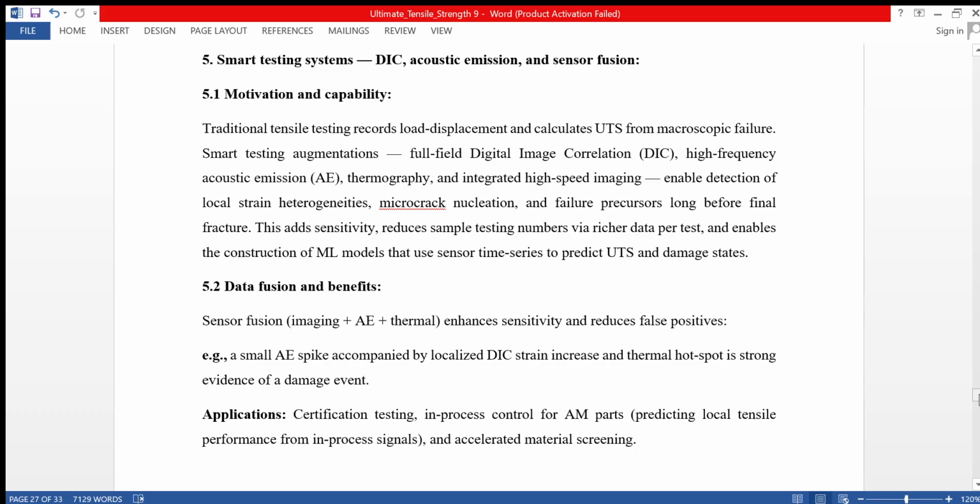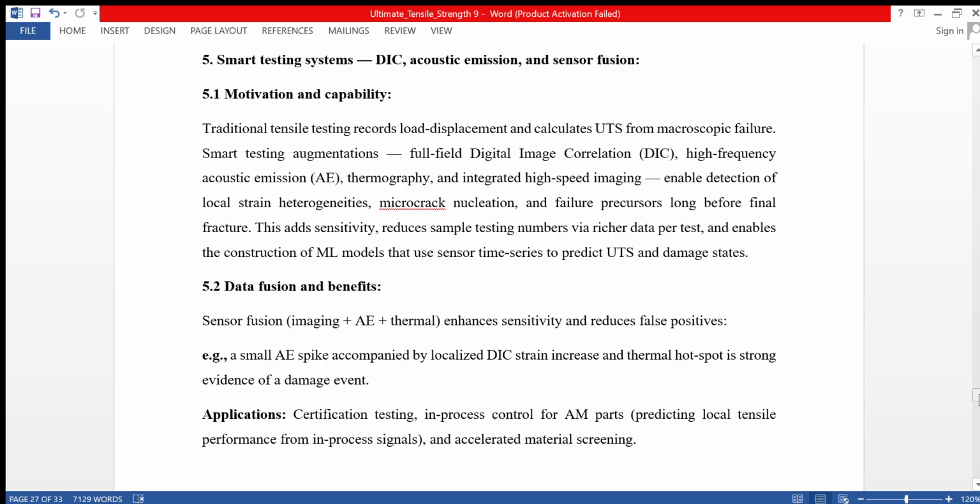Smart testing augments this with full-field digital image correlation (DIC), high-frequency acoustic emission (AE), thermography, and integrated high-speed imaging, enabling detection of local strain heterogeneity, microcrack nucleation, and failure precursors long before final fracture. This adds sensitivity, reduces the number of samples tested via richer data per test, and enables the construction of ML models that use sensor time series to predict UTS and damage states.